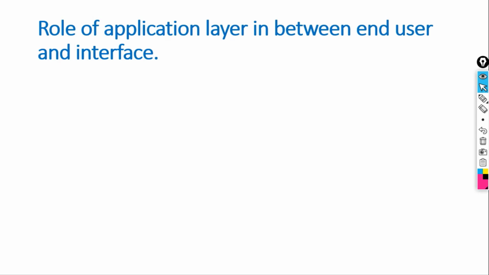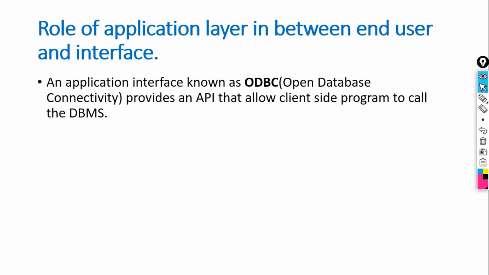Role of the application layer in between end user and interface. Just now I have explained the role of the application layer in between the end user and interface. An application interface known as ODBC, Open Database Connectivity. So what was that client application? That was ODBC.